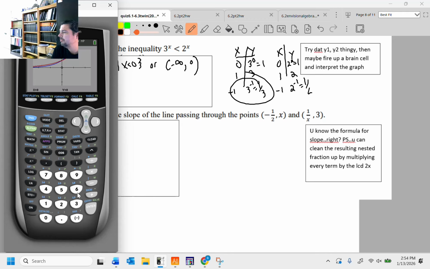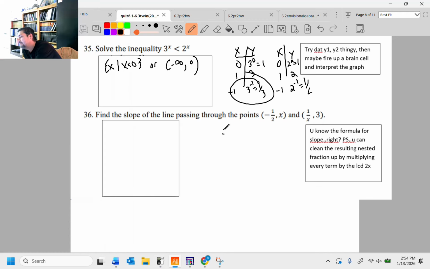All right, find the slope of the line passing through the following points. And everybody should know the formula for slope. Shame if you don't. The shame part is that somehow you're going to leave the school with a diploma. That's the real problem. Anyways, x1, y1, there's a formula for slope, x2, y2.